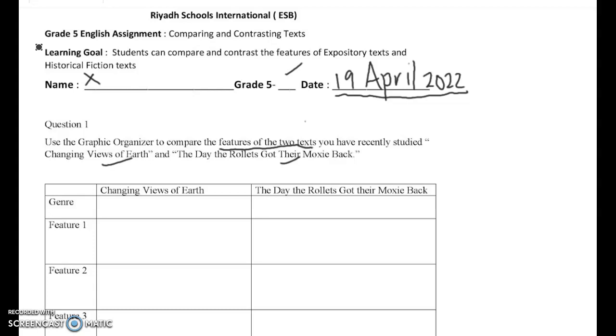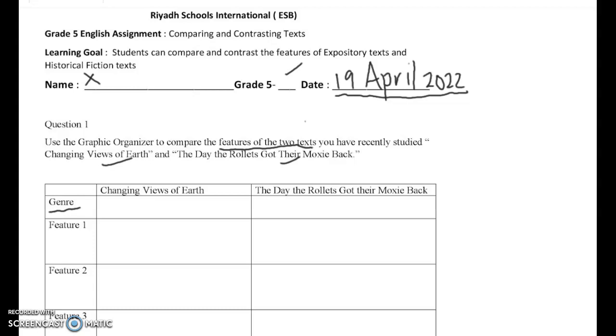Now, before we go over to the text features, I wanted to quickly go through this word genre. Basically, a genre is a type of writing. So we have different types of genres.